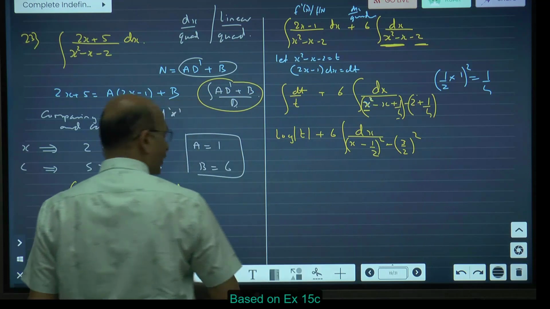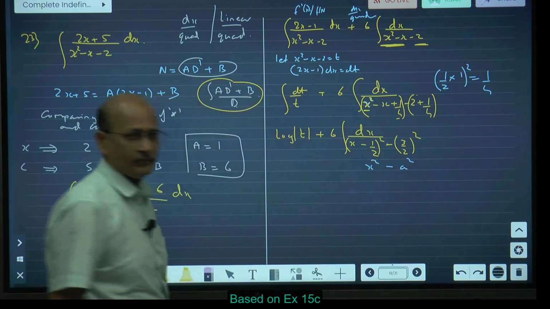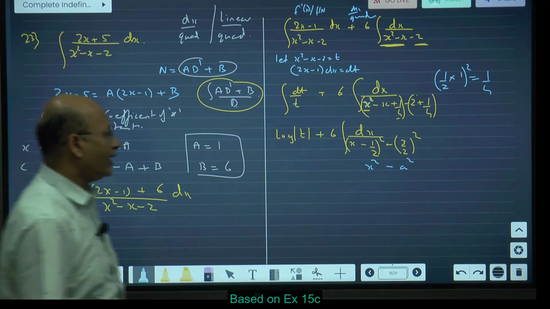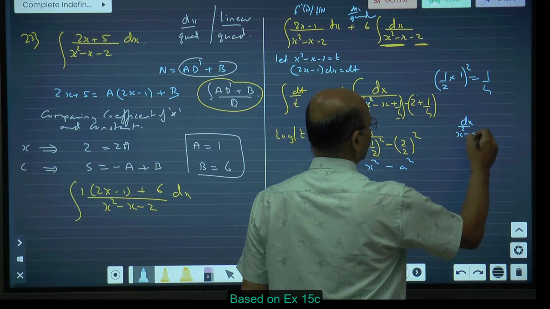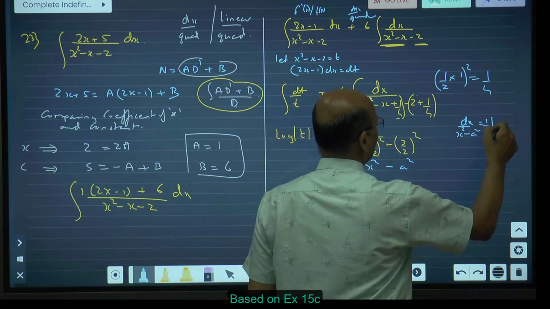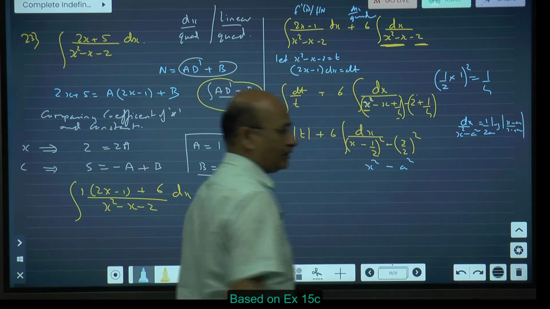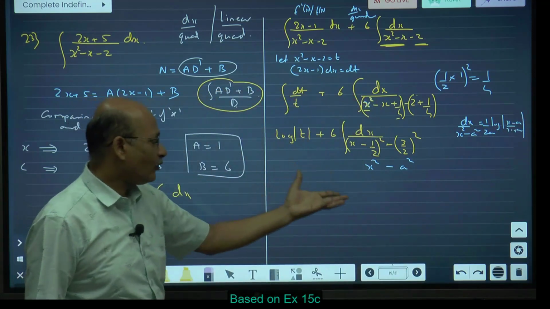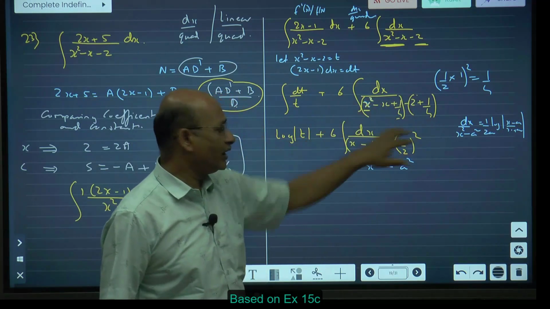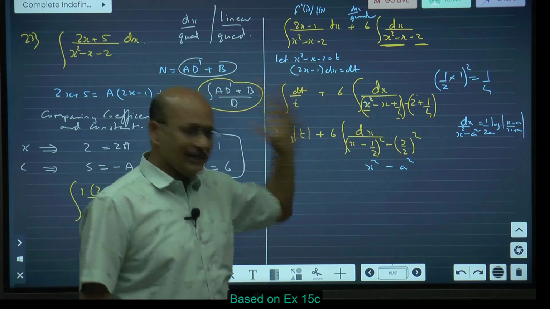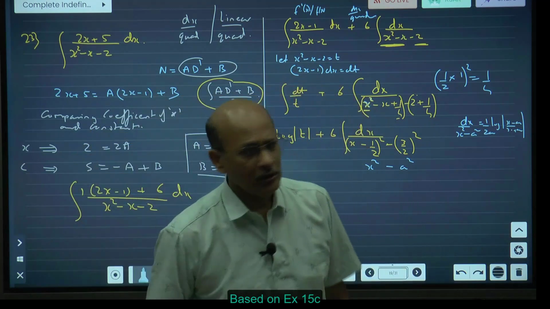Don't you think it is reminding me of the x square minus a square format? So dx upon x square minus a square is 1 by 2a log of (x minus a) upon (x plus a) plus c, the standard form. So that's the idea of adding and subtracting a term and converting into a perfect square, because it gets converted to one of the standard formulas for dx upon quadratic.